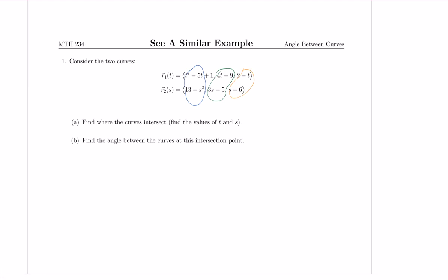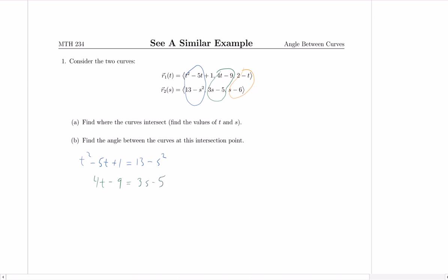So, in part A, this says t squared minus 5t plus 1 equals 13 minus s squared. That's the first equation saying that where they intersect the x-coordinates are the same. The second equation is 4t minus 9 equals 3s minus 5.